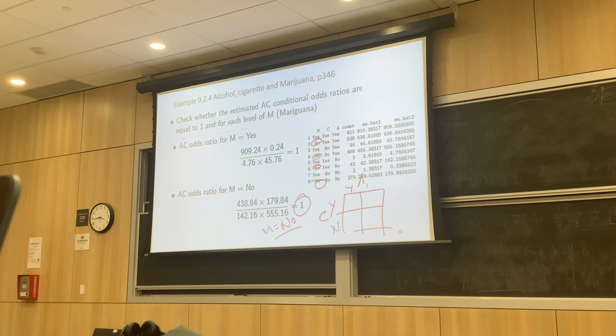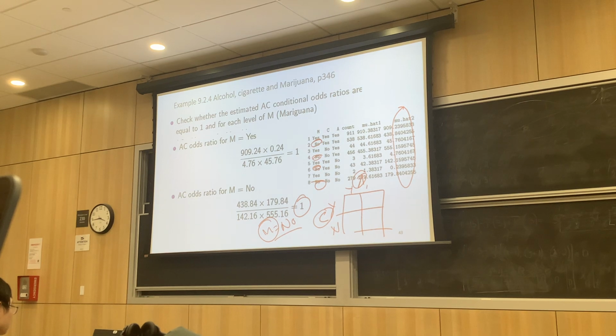And as we expected, that's what we call the model of cigarette and alcohol being conditionally independent given marijuana. So we expected that, and so these counts are calculated assuming that. Is that clear?